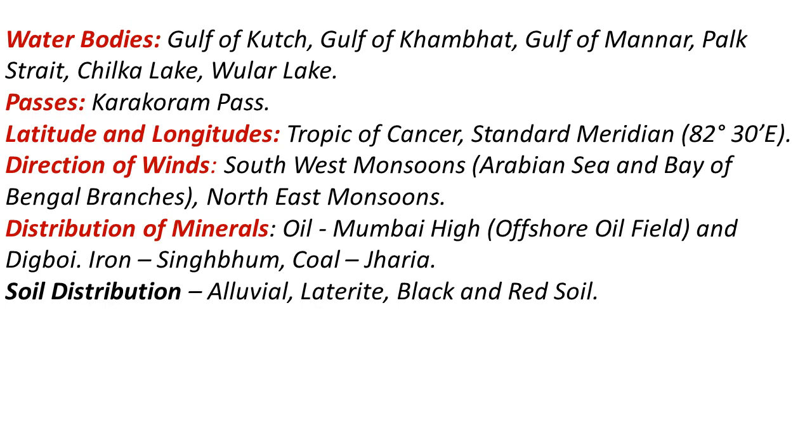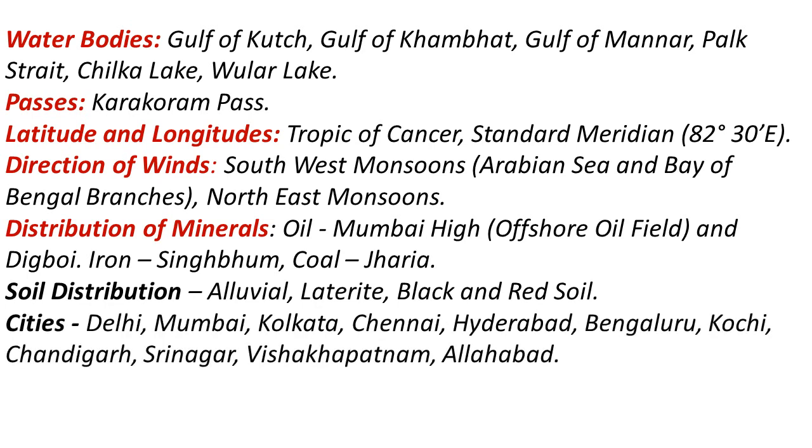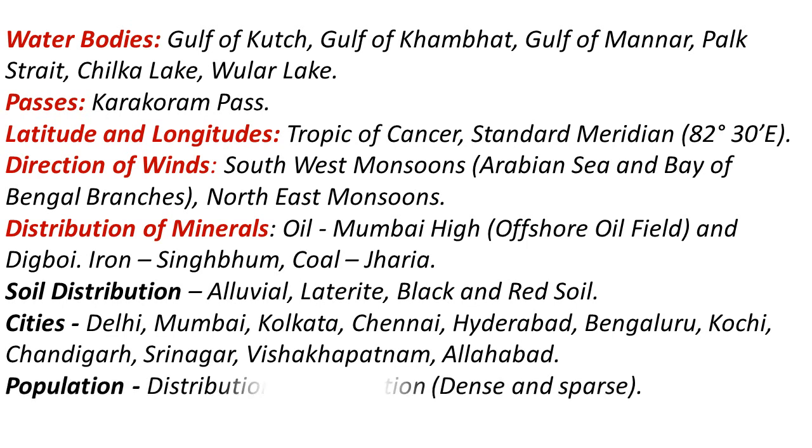Soil distribution: alluvial, laterite, black and red soil. Cities: Delhi, Mumbai, Kolkata, Chennai, Hyderabad, Bengaluru, Kochi, Chandigarh, Srinagar, Visakhapatnam and Allahabad. It is also called Prayagraj. Population: distribution of population, dense and sparse.